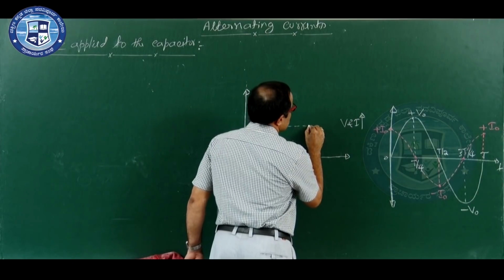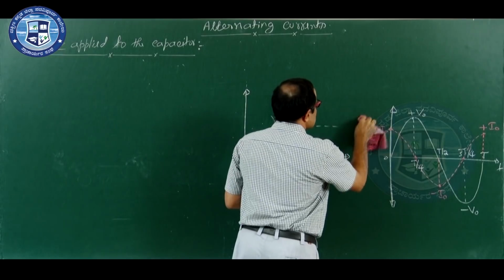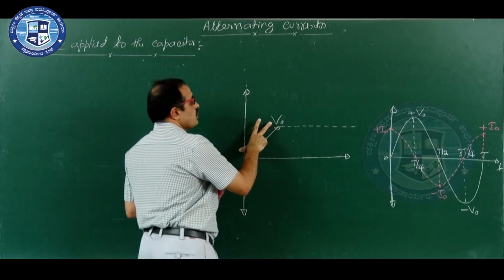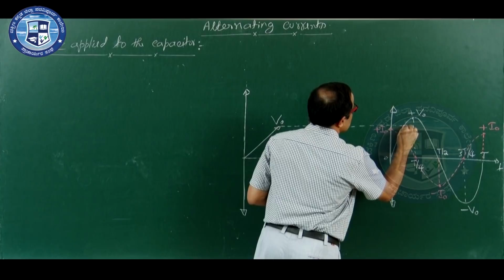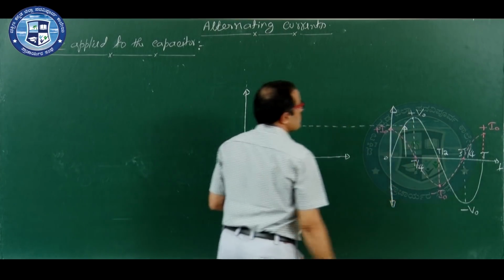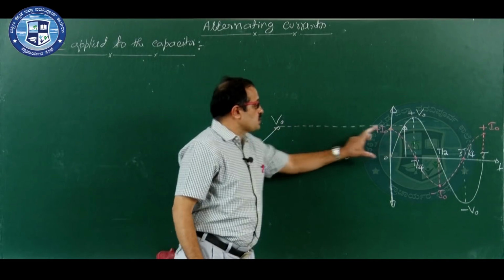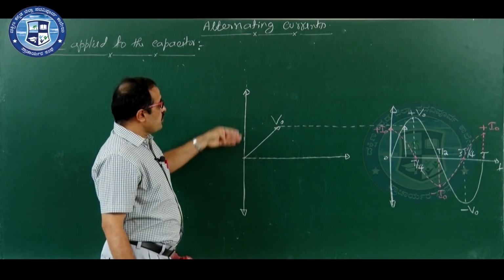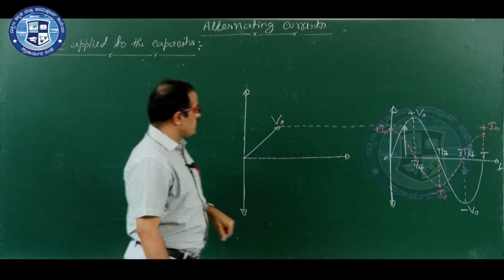Now, try to link this V naught with the graph, that is here. It is nothing but instantaneous value. Actually, it is the y component. Already I said, in the phasor drawing, the y component always represents instantaneous value, that is this instantaneous value.